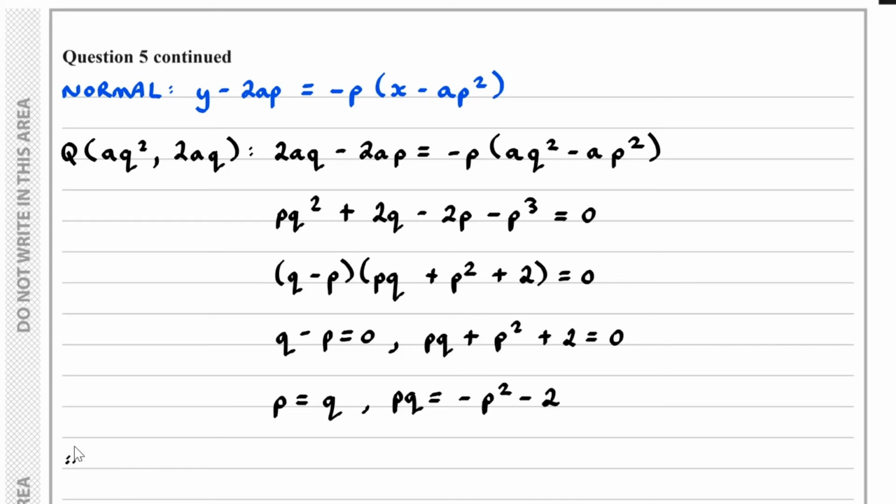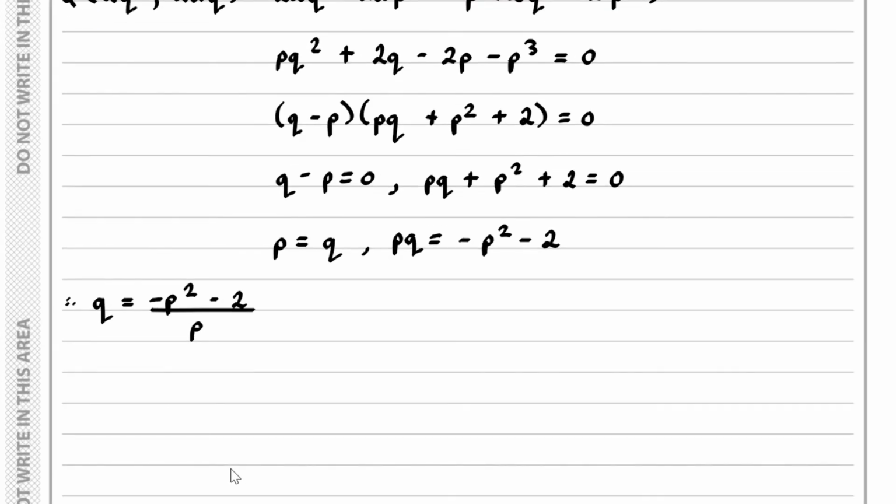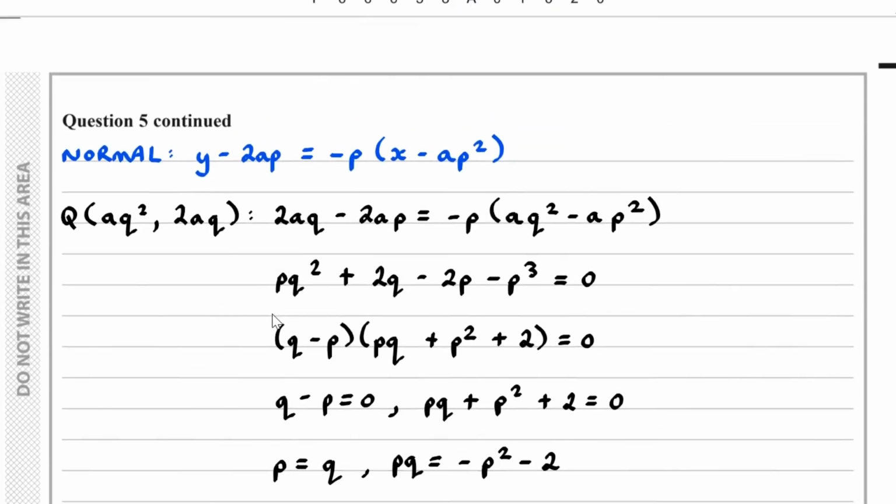And from this we can conclude that q is equal to -(p² + 2)/p. So that's what q is, and that's exactly what we wanted to show. We'll call this equation 1 for now.